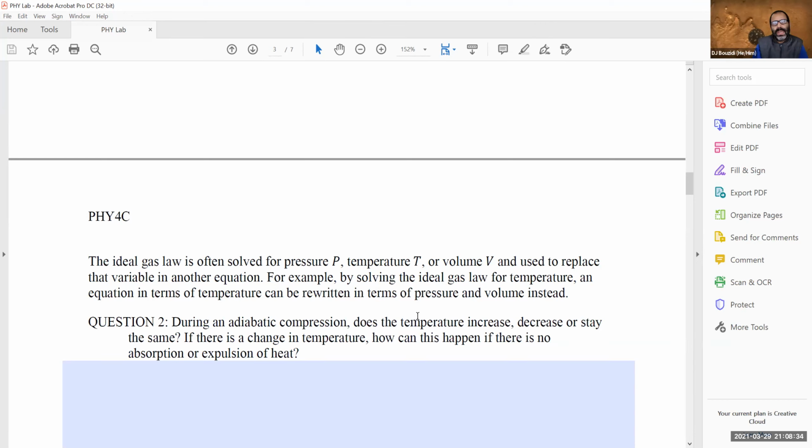To calculate the entropy, there will be processes that involve, for example, isothermal processes. An isothermal process, because the temperature doesn't change, does not mean that the entropy is not changing. The change in the entropy is 0.